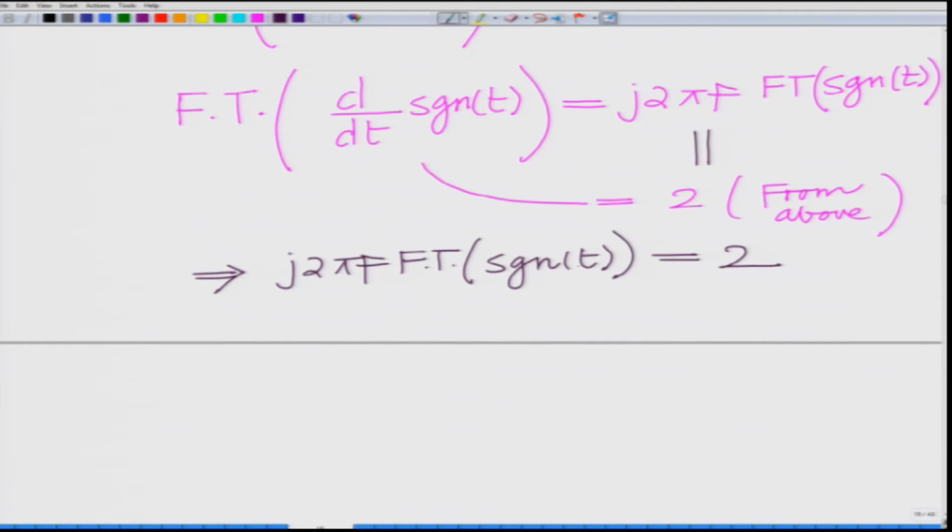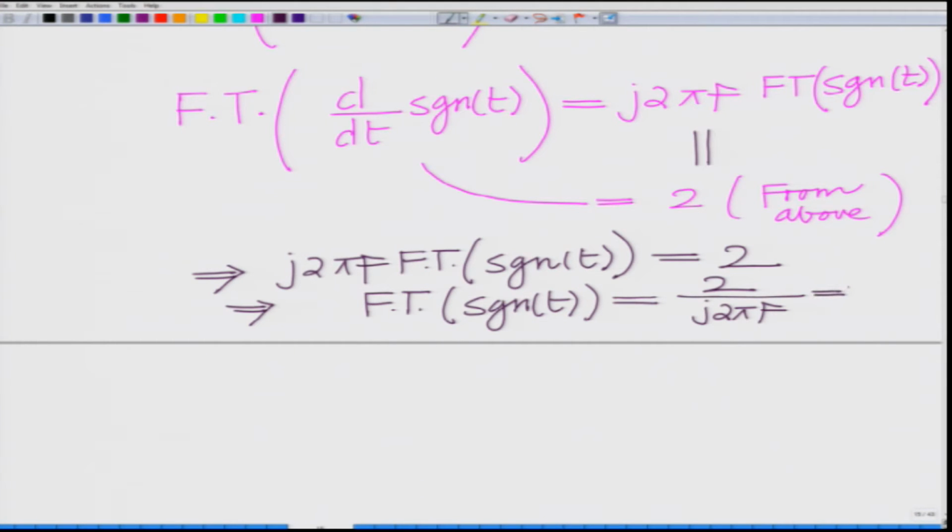Therefore, these two quantities must be equal, which implies j 2 pi f times the Fourier transform of sin t equals 2, which implies that the Fourier transform of sin t equals 2 by j 2 pi f, which is basically equal to 1 by j pi f.